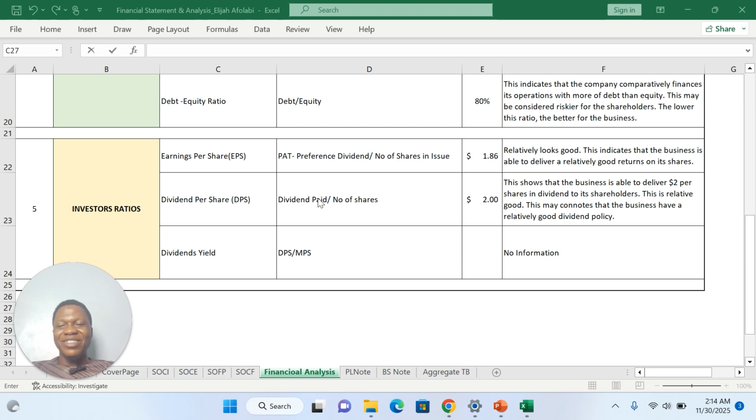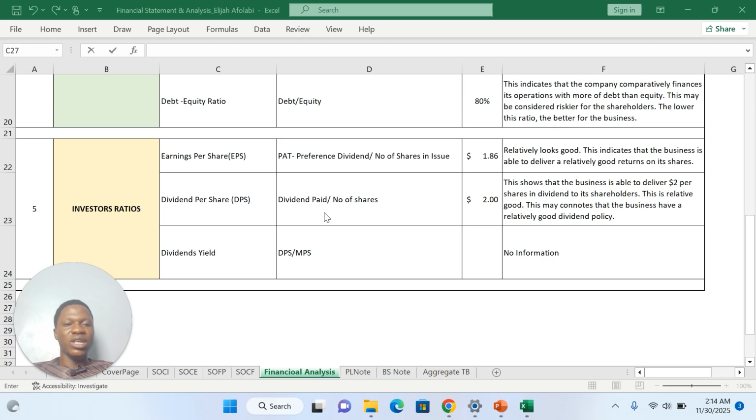Now, dividend per share. Dividend per share just speaks to the dividend you have paid divided by the number of shares. How much dividend is each unit of share worth? That's what that is speaking to. And of course, from the information we have been provided, it is showing $2.